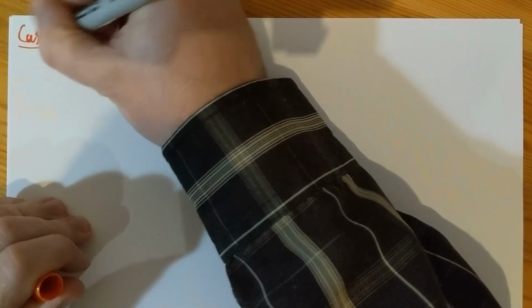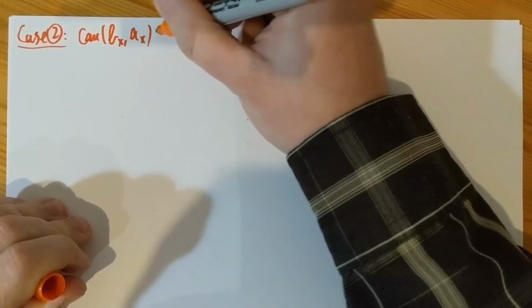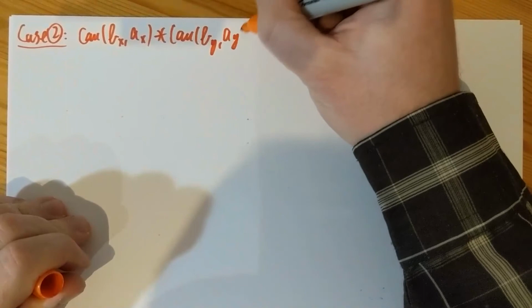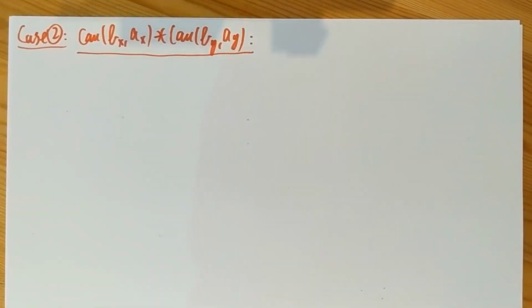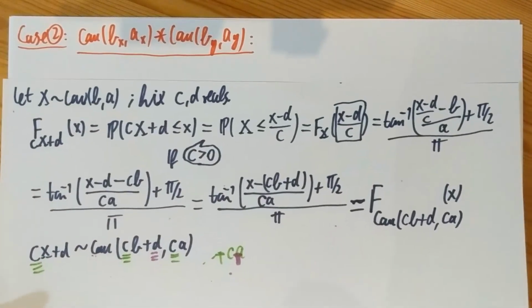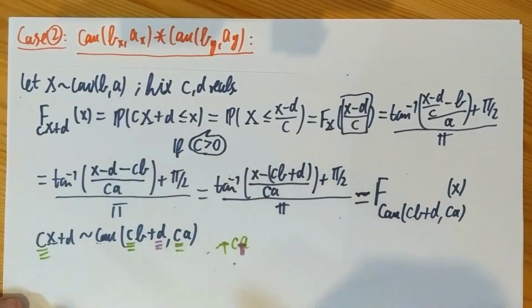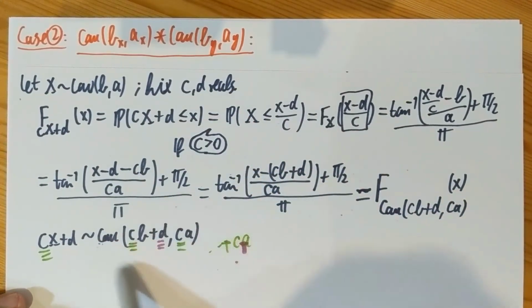Case 2: if we have Cauchy of bx, ax convolved with Cauchy of by and ay, then the idea is again using the nice transformation properties of Cauchy, namely if we multiply a Cauchy of some parameters with some number c and shift by some number d, we again get a Cauchy where the first parameter transforms as cb plus d and the second as c times a.